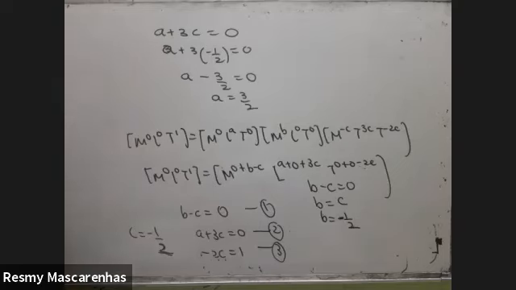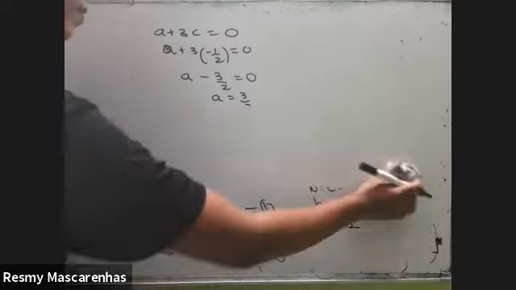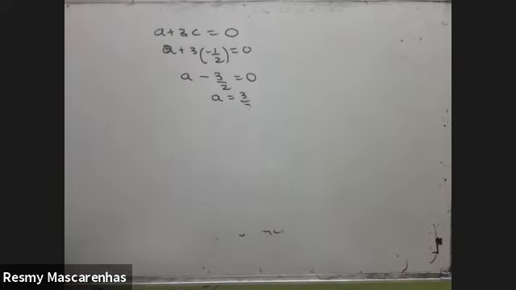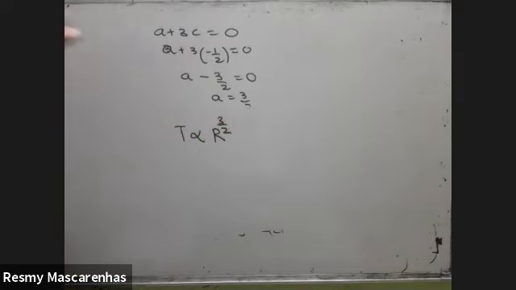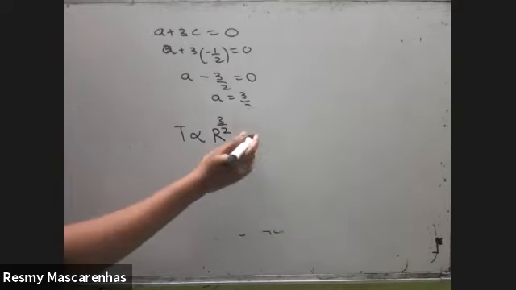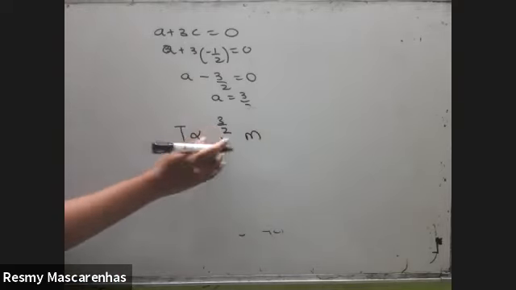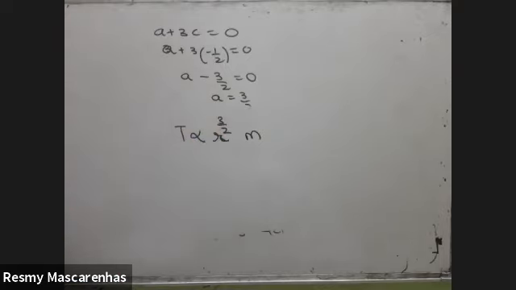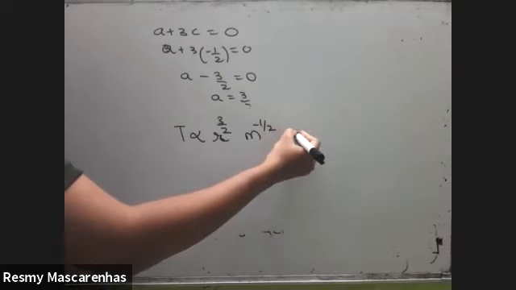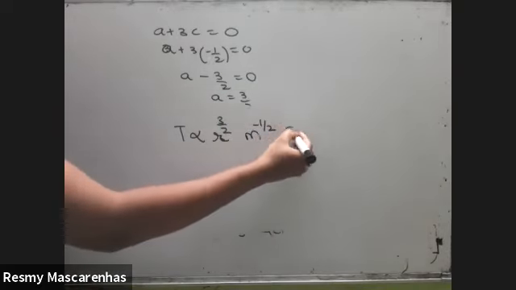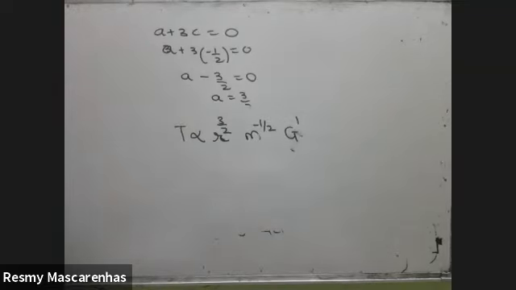Okay, we'll substitute. M raised to, this is R now, minus half, G raised to minus half.